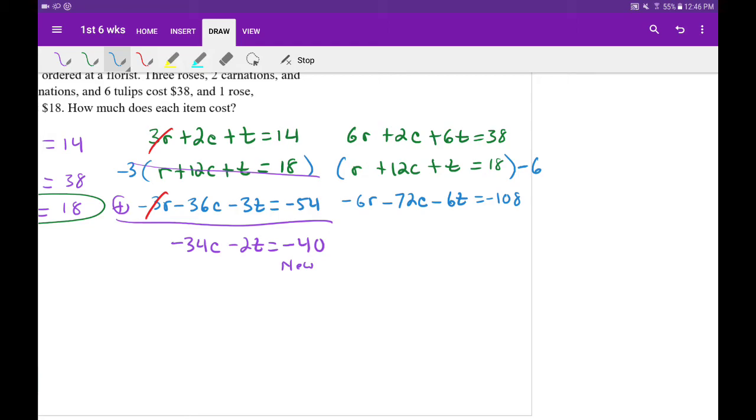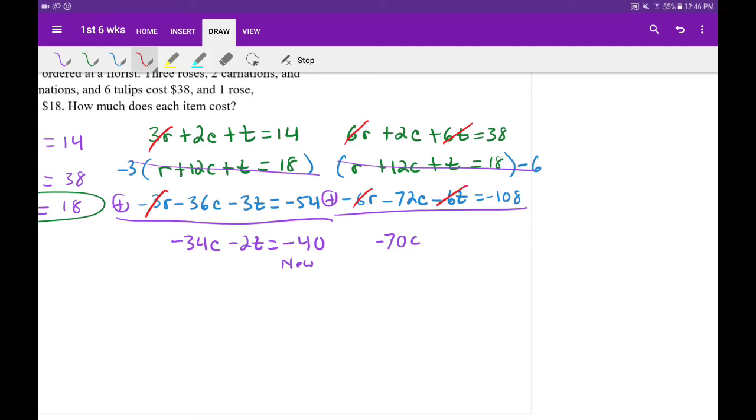All right, so let's go ahead and combine here. R's cancel here. Get 2C minus 72C, which is going to be -70C. And then, oh look, our T's cancel. So 6T and -6T also cancel. And then we're going to equal -108 plus 38. It's going to be a negative 70. That works out very nice.